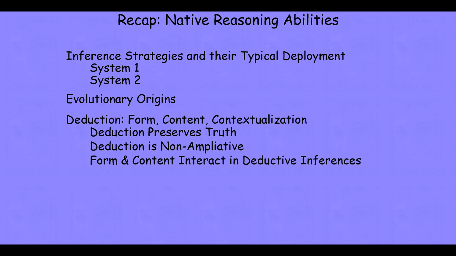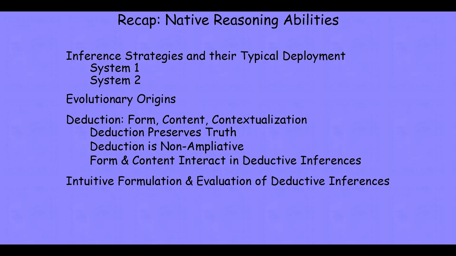And finally, we'll notice this relationship between content, which is readily accessible and highly salient to our native inference abilities, and underlying logical structural relationships in deductive inferences, which are relatively opaque, difficult for us to represent and take account of in our intuitive native deductive inference practices.